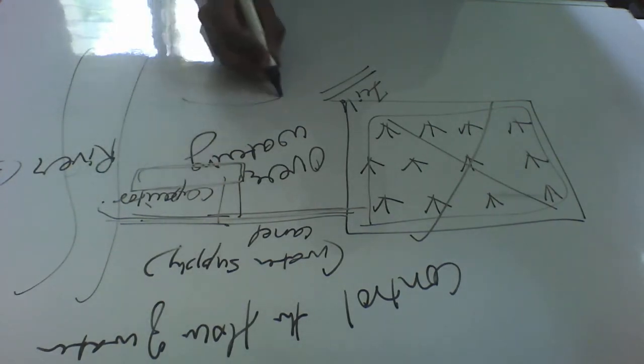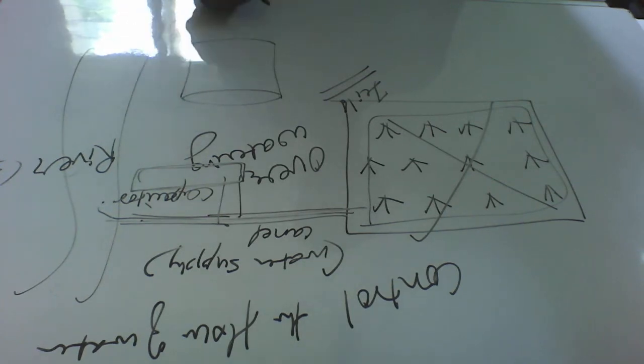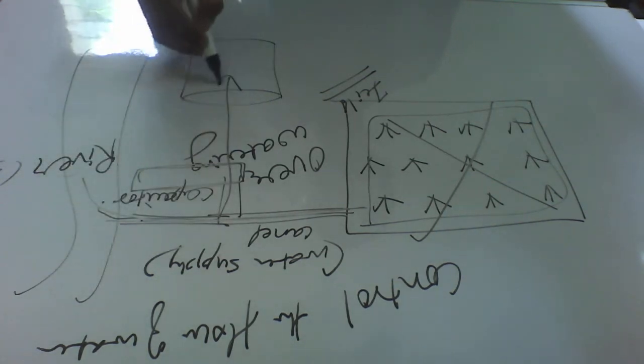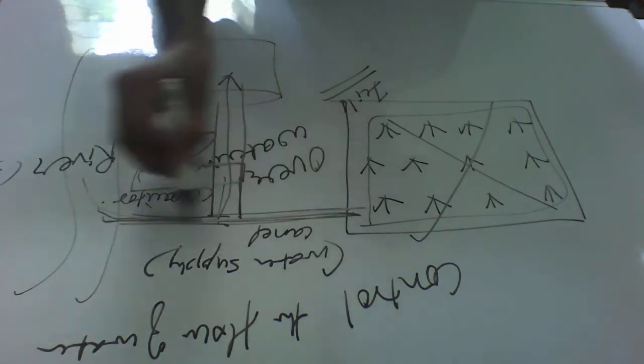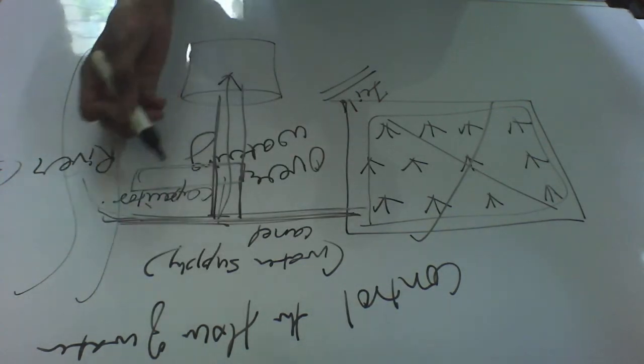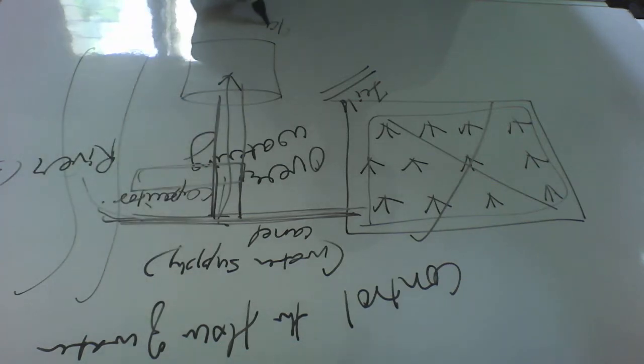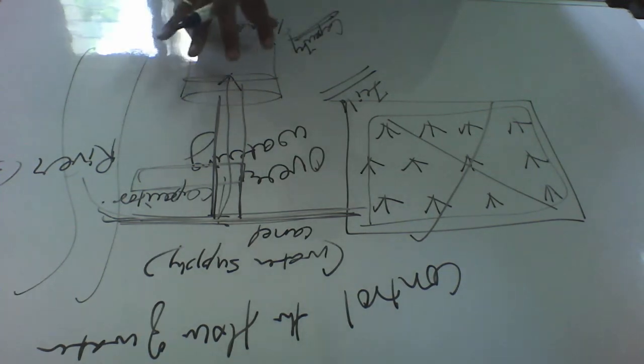So basically we use a tank to store the water. There is an outlet made from the channel that goes directly to a tank which has the capacity to store a particular amount of water.